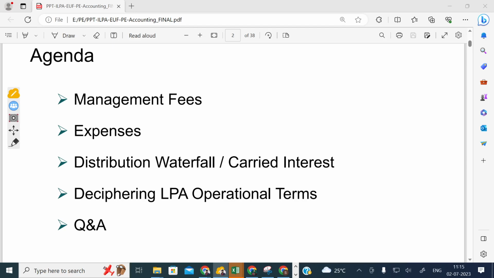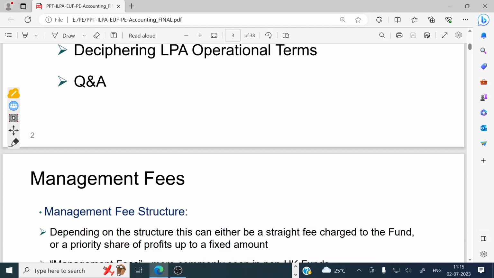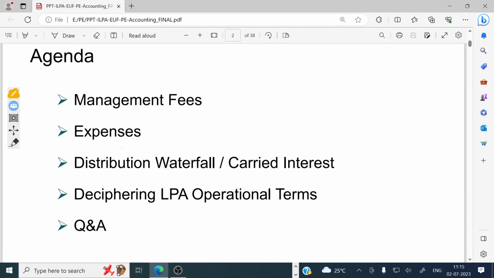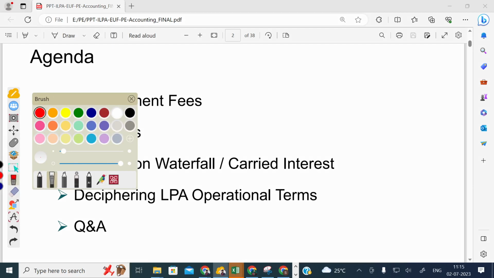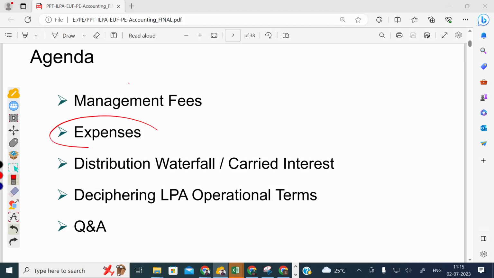Sorry. So one task is management fees, and another task or activity is other expenses. But the important thing is management fees, and other expenses most of the time will be included in your capital call.